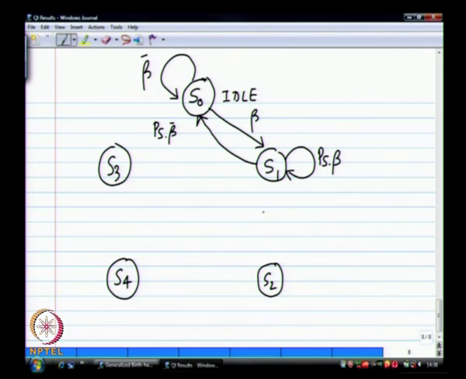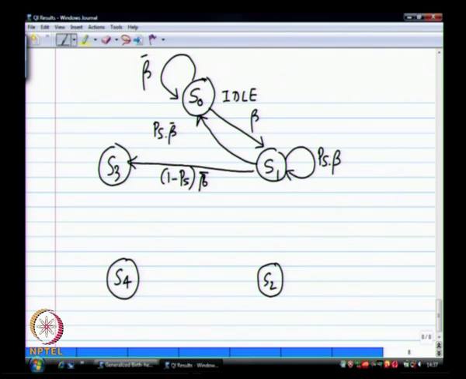Then what else can happen? Can I go from S1 to S2? I cannot go from S1 to S2 because S2 means there is a packet queued, but assuming only one packet can come, I really cannot do that. But from S1 I can go to S3. To go from S1 to S3, it means that the packet was not successful, 1 minus PS, and no new packet was generated, so beta bar.